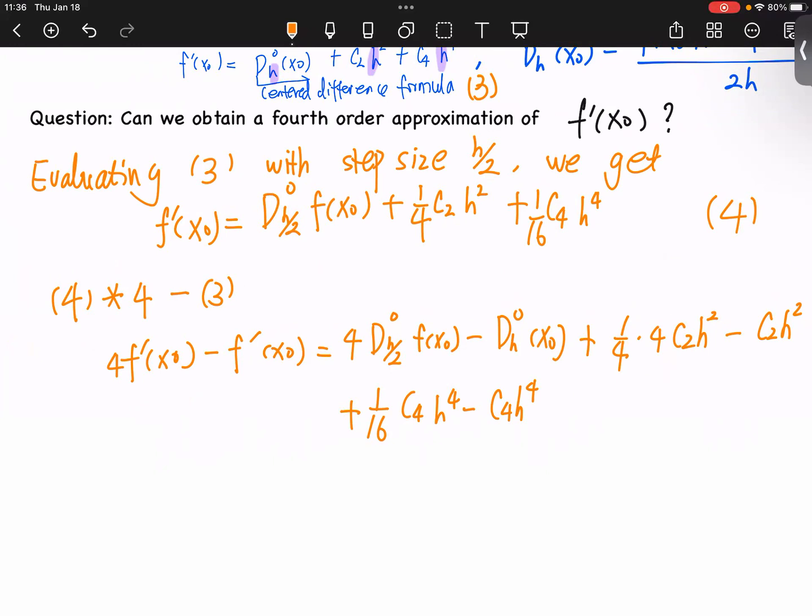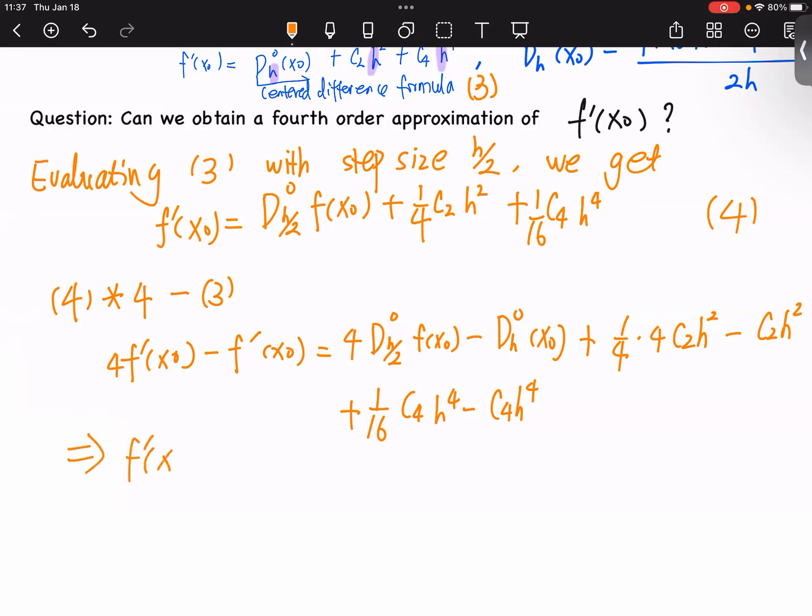So this time, let's do some further calculations. On the left-hand side, we have 3 times the first derivative, so we divide both sides by 3, and we get this.